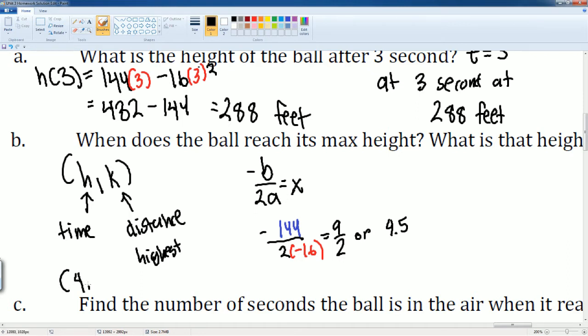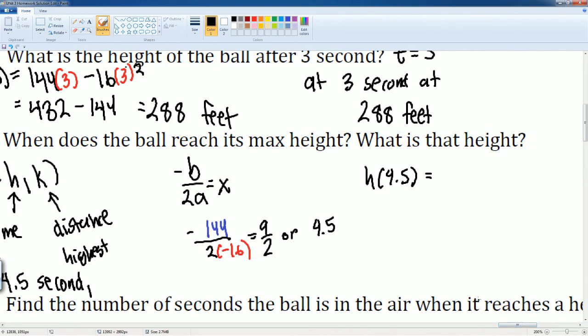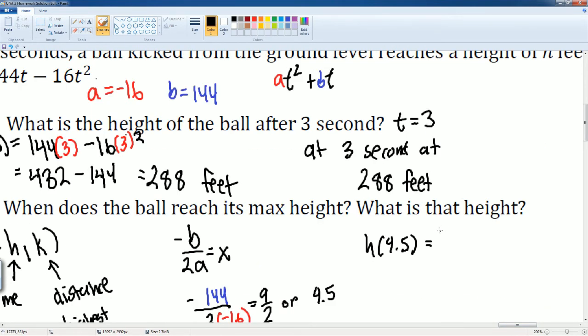So it's 4.5. Understand this is in seconds. It's at a certain height. So to get that height, we just plug it back in. So height of 4.5 is equal to, we write the equation, and wherever we see t, we put in that value of 4.5.